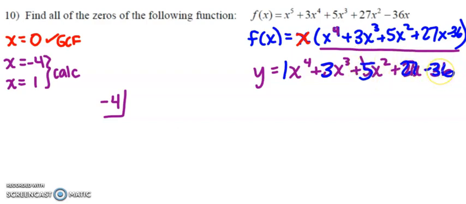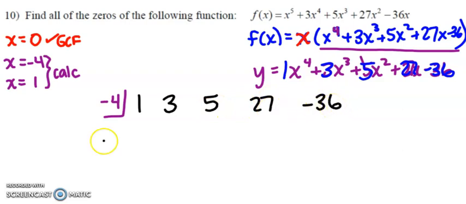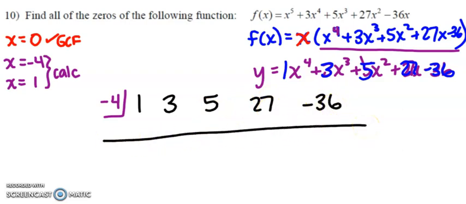My pen is really struggling. So we have 1x to the fourth, 3x to the third, 5x squared, 27x, and -36. No need for a placeholder because I have each one of my descending terms.